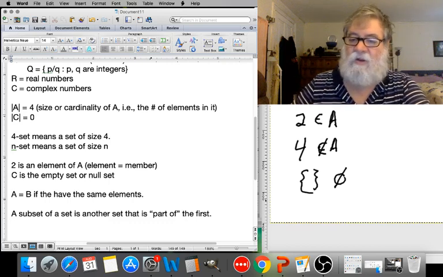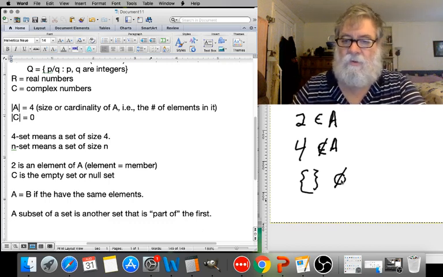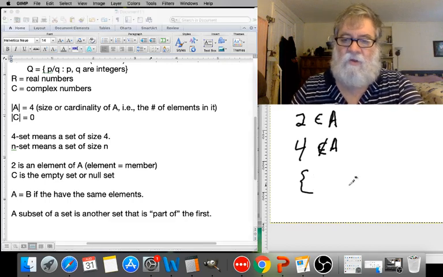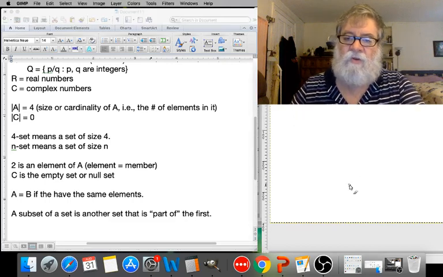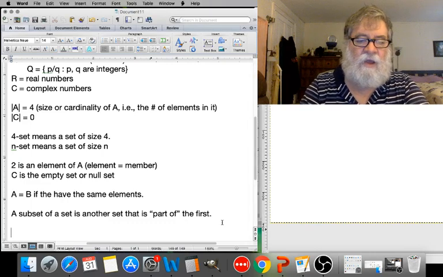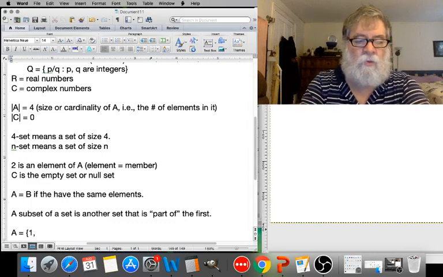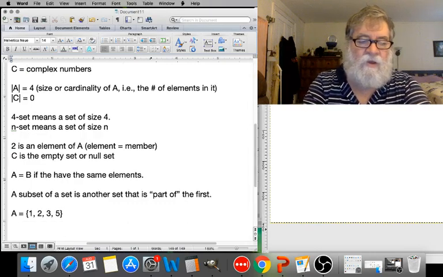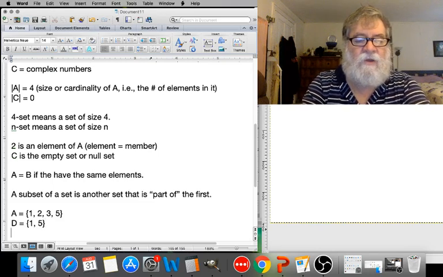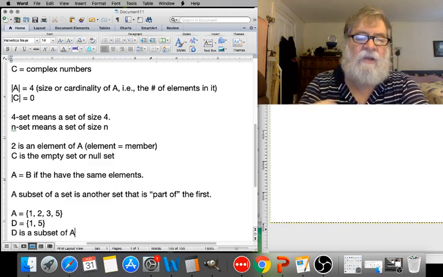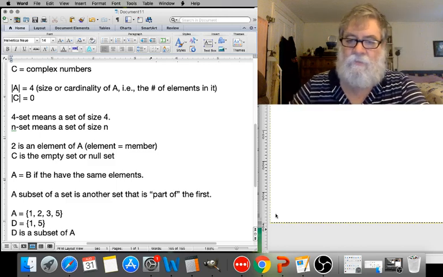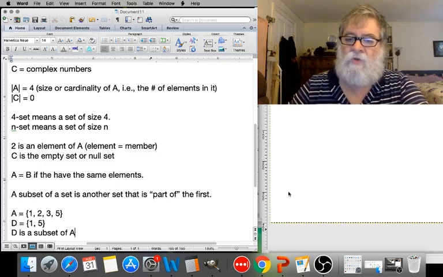If we have, well, actually, I'll do it back on the other thing. A, remember, is 1, 2, 3, 5. If we had set D being just 1 and 5, then D is a subset of A. And that's written this way, 2 different ways, actually.